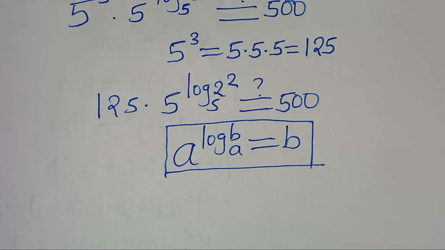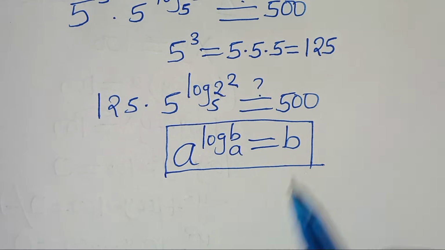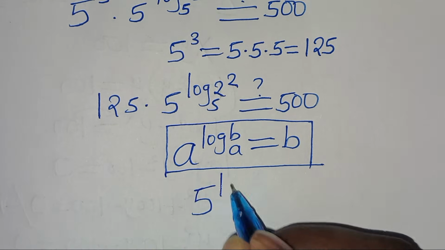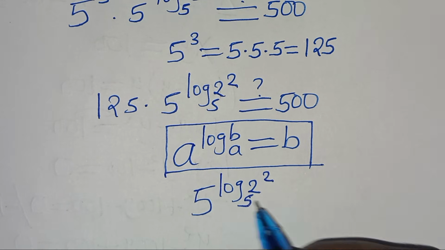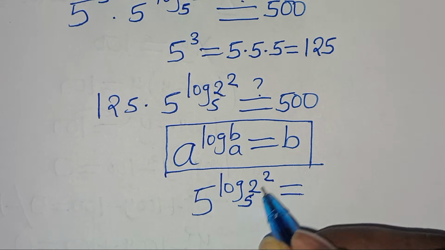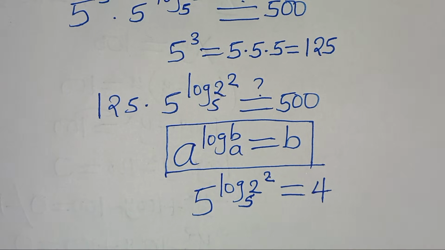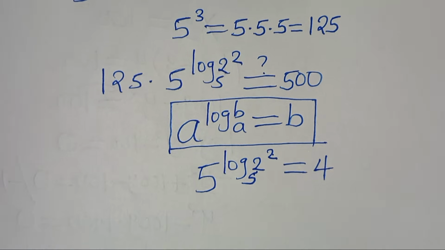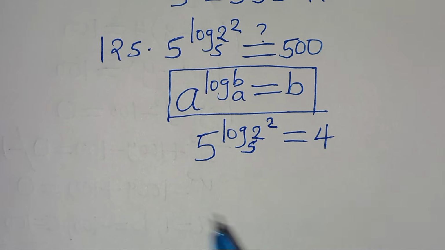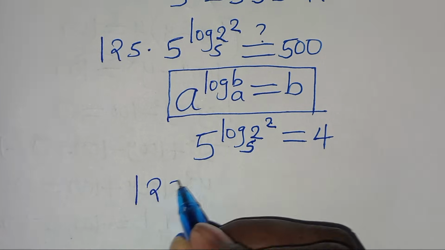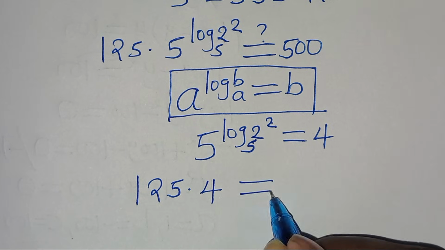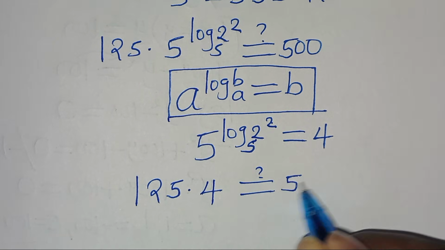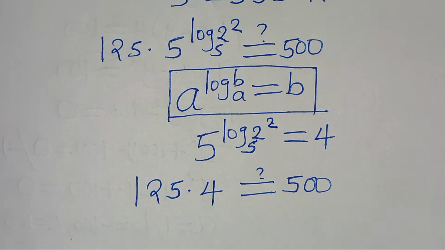Now, applying this logarithm property, 5 to the power of log 2 to the power of 2 to base 5 is equal to 2 to the power of 2, which is 4. And therefore, we have 125 multiplied by 4, which is supposed to give us a value of 500.